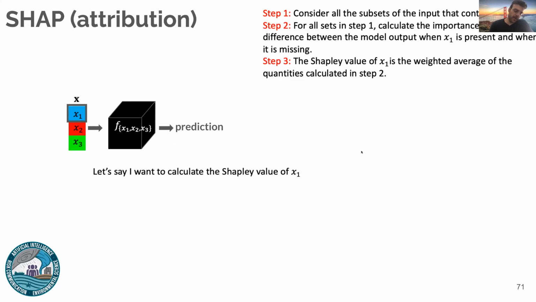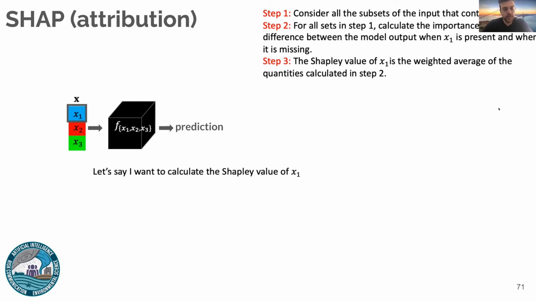Let's say, and I'm considering only a very small number of variables in the input just for everyone to be able to follow, we have a prediction task where we use only 3 predictors, X1, X2, and X3. We have our black box model, and then we have a prediction.